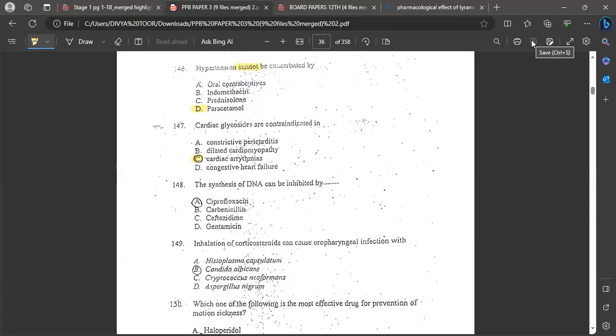So digoxin is given in cardiac arrhythmias, so it can't be the answer.